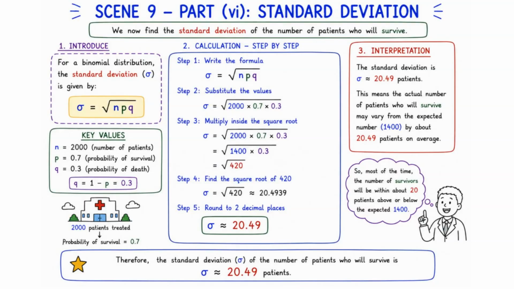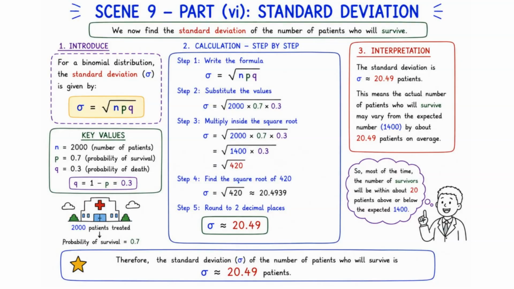So 2,000 times 0.7 equals 1,400. 1,400 times 0.3 equals 420. Now, take the square root of 420. This gives approximately 20.49.